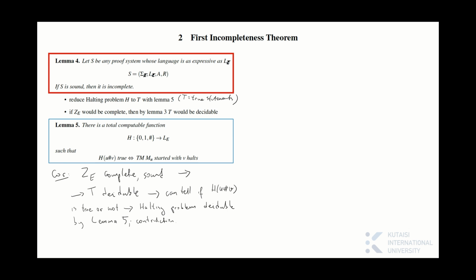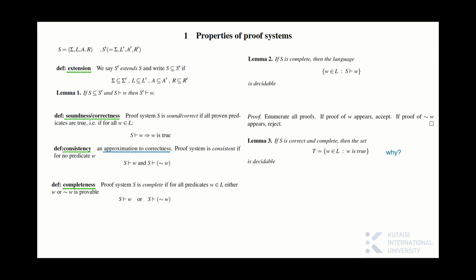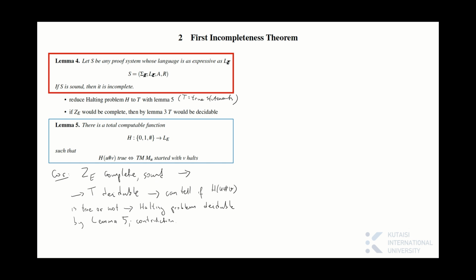But if such a proof system is sound, again, sound was the same as correct, so everything it proves is true, then it is incomplete. Meaning there will always be a statement or predicate such that you can neither prove it, nor can you prove its opposite. So you can neither prove it nor disprove it, basically.